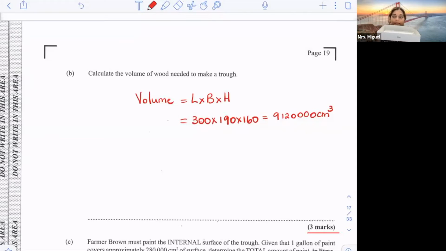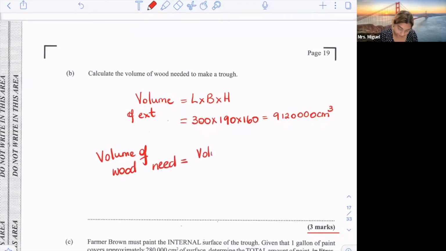So the volume of wood needed would be the volume of the external minus the volume of the internal.